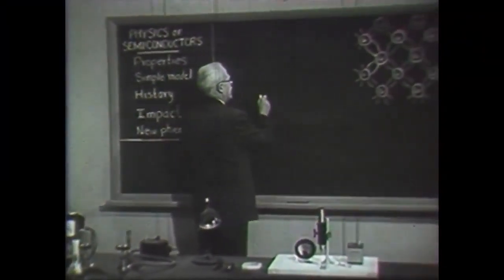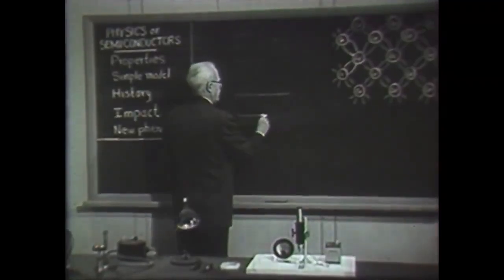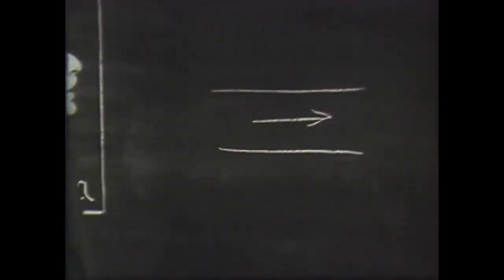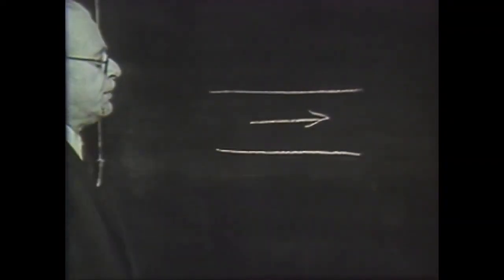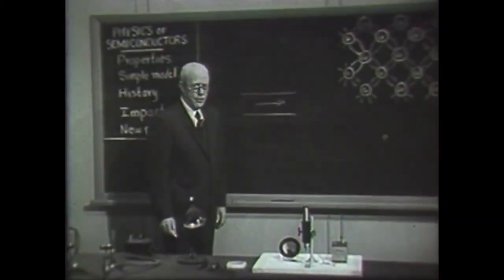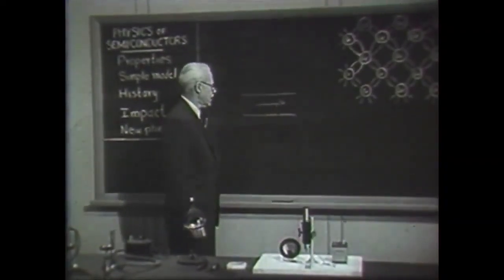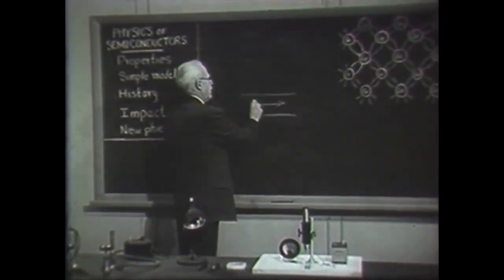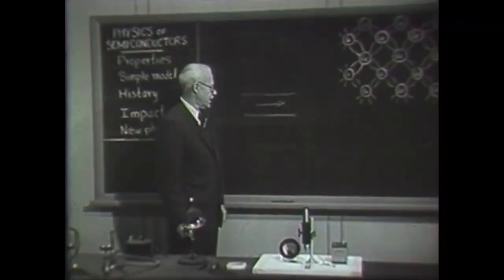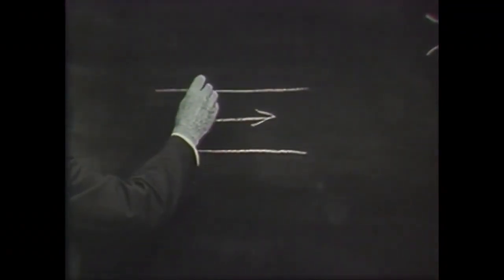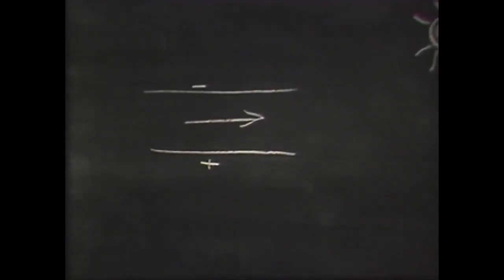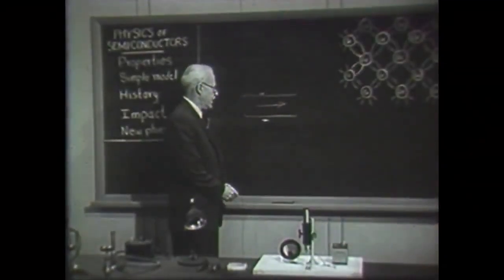This property was that if one has a current flowing in a conductor and one places a magnetic field perpendicular to the direction of flow of the current, then the current will be deflected. And in order to keep the current flowing uniformly down the conductor, the sides of the conductor will become charged. Here again, in most metals, this property had one sign.